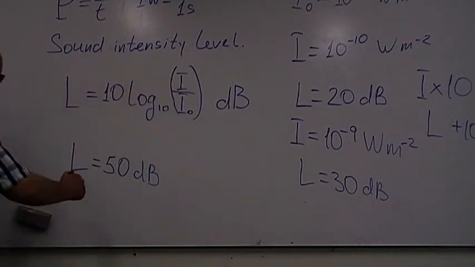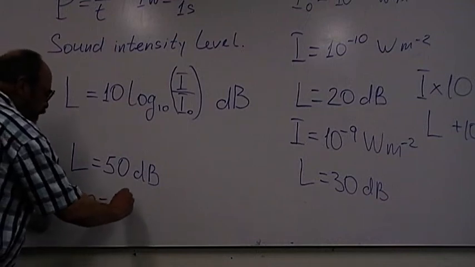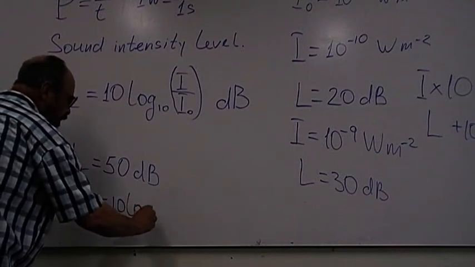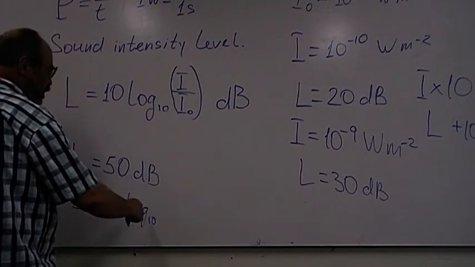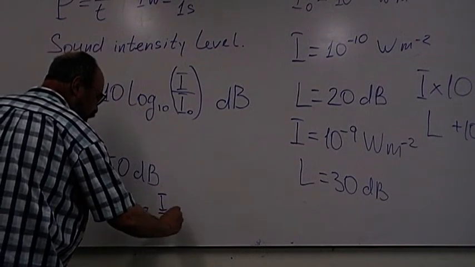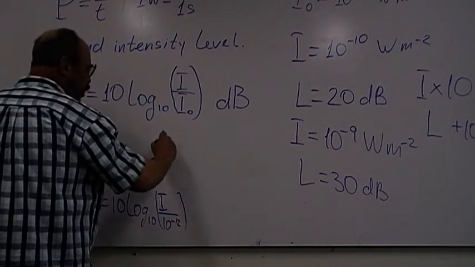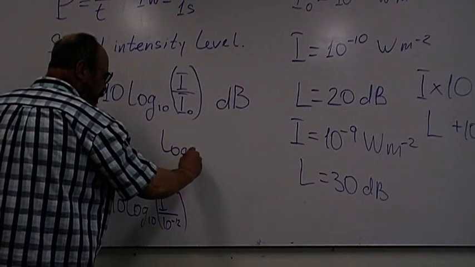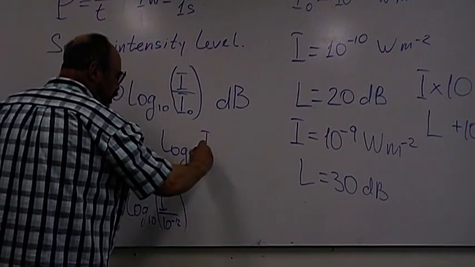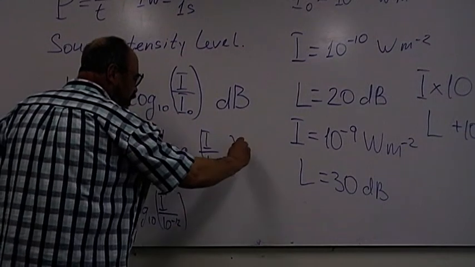We substitute into the formula: 50 equals 10 log with the base 10 of I, the unknown intensity, divided by 10 to the negative 12. So we will have log with the base 10 of I over 10 to the negative 12 equals 5.